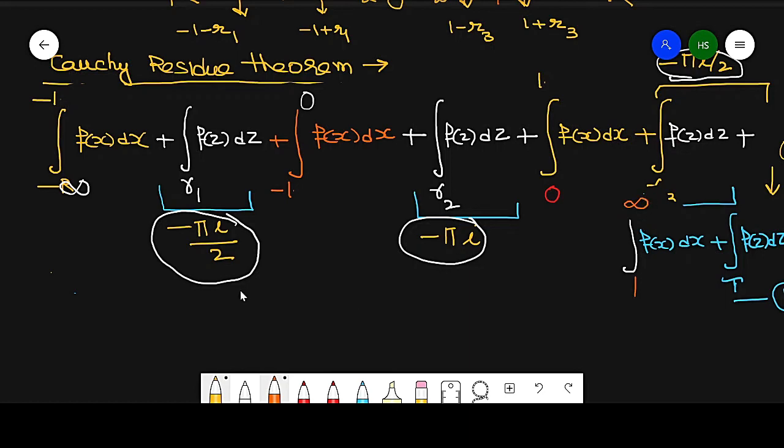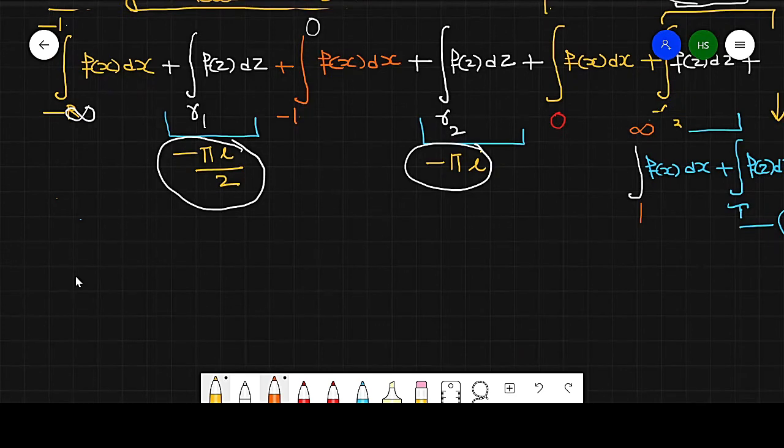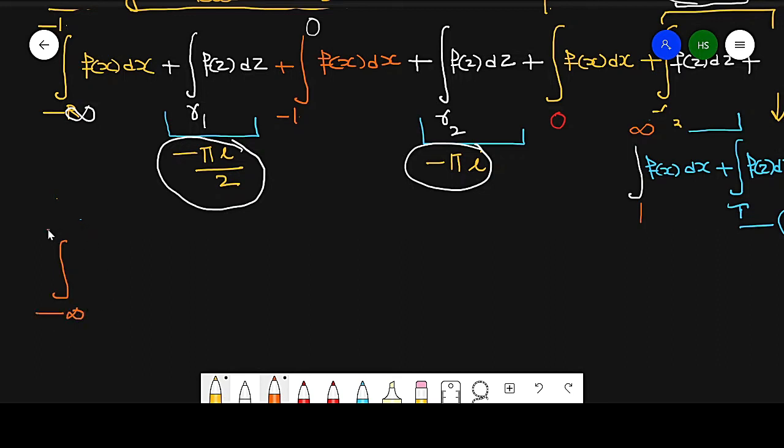What we get is the integration minus infinity to minus 1 of f of x dx. I will shift these three values to the right hand side.